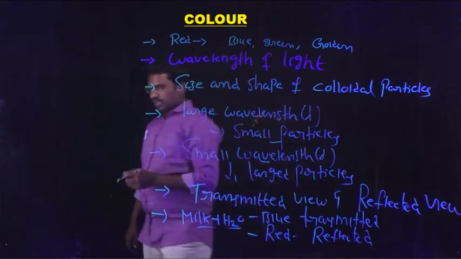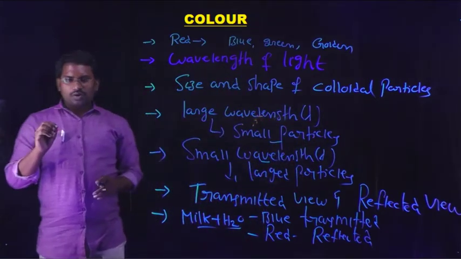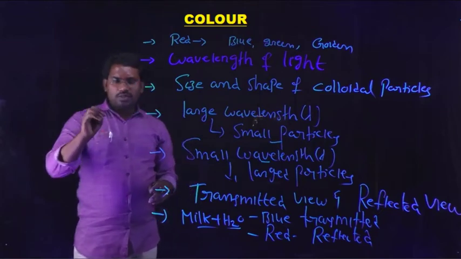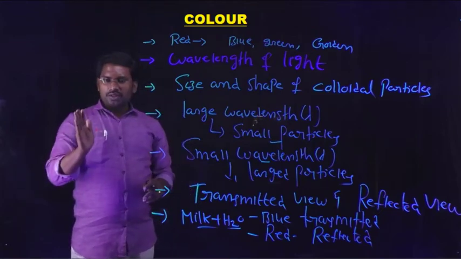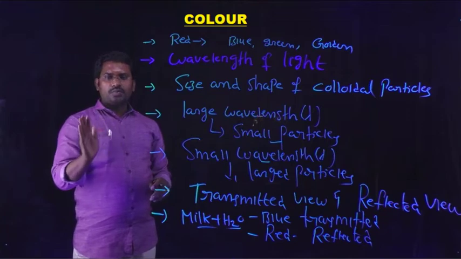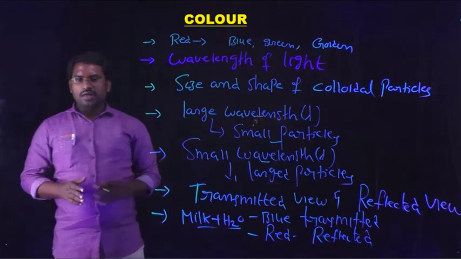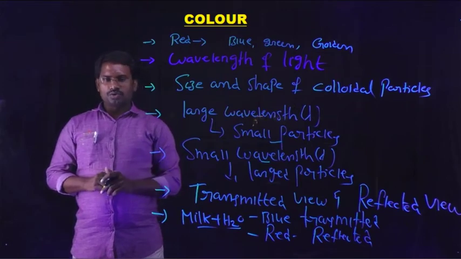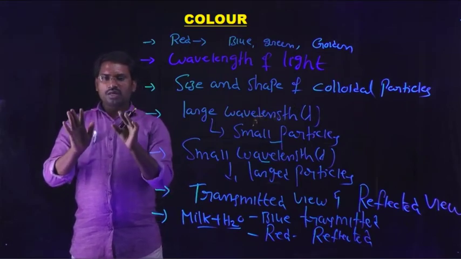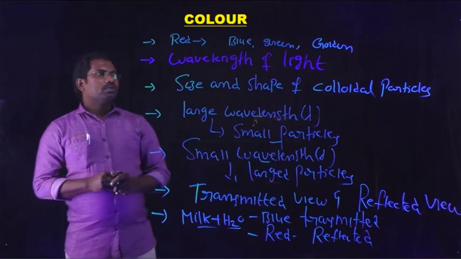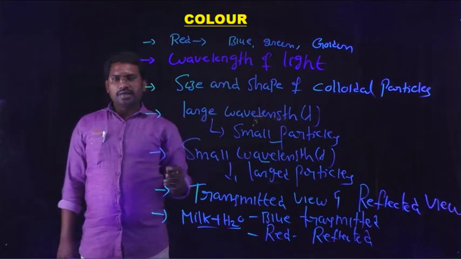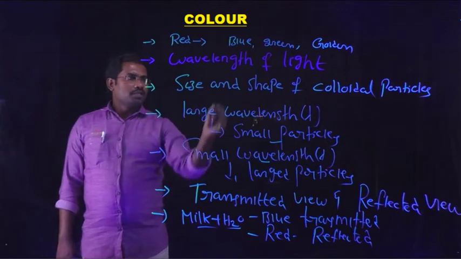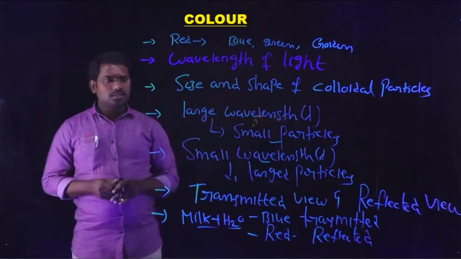Here another important thing is that the color of the colloidal solution also depends upon the size of the colloidal particle. If the size of the colloidal particle increases, the color of the colloidal solution also changes. So this is about the color of the colloidal solution. First of all, the color depends upon the wavelength of the light which is passing through the colloidal solution, and next, upon the size and shape of the colloidal particles.